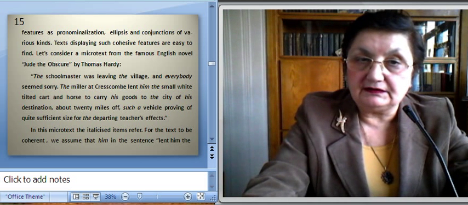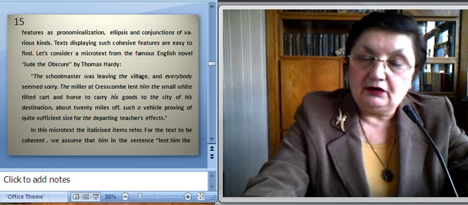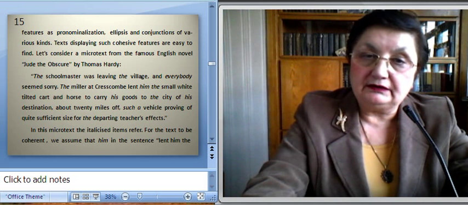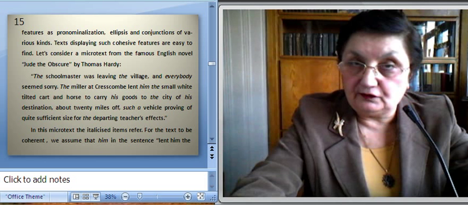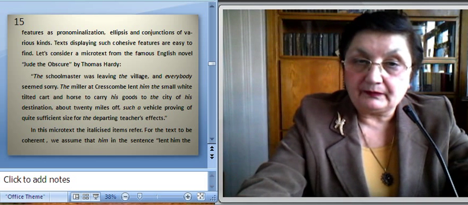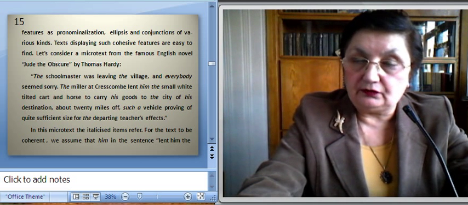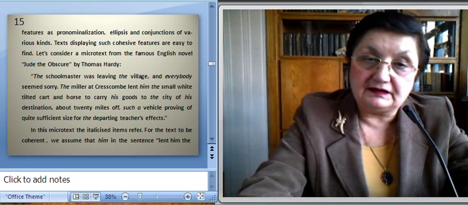"The schoolmaster was leaving the village and everybody seemed sorry. The miller at Marygreen lent him the small white tilted cart and horse to carry his goods to the city of his destination, about 20 miles off, such a vehicle proving quite of sufficient size for the departing teacher's effects."